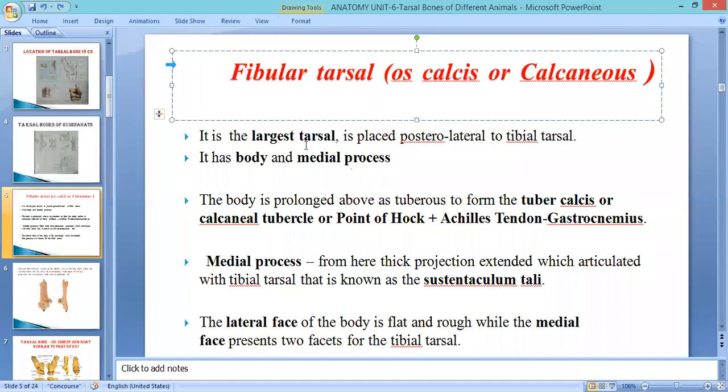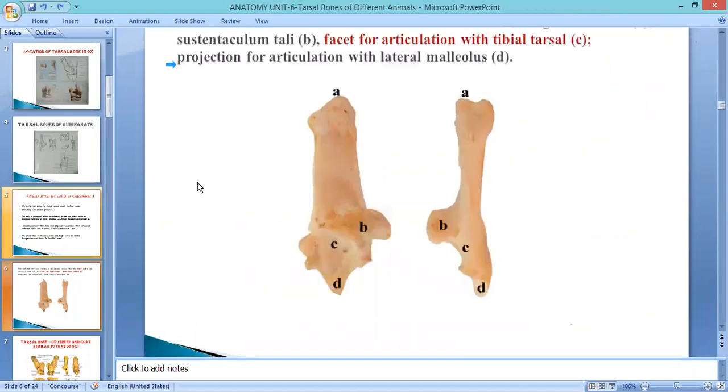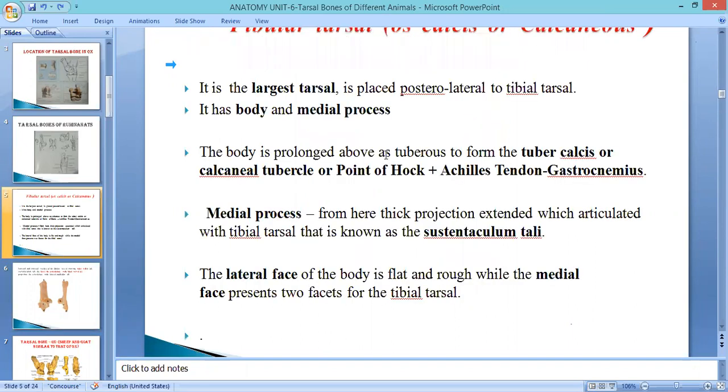The first point is that it is the largest tarsal bone, located posterolateral to the tibial tarsal. For description, it contains a body and a medial process. This is the body and this is the process. Later on, we go through what the body contains and what the process contains. The body is prolonged above and forms a tuberous structure.